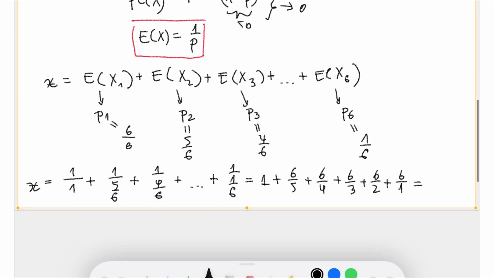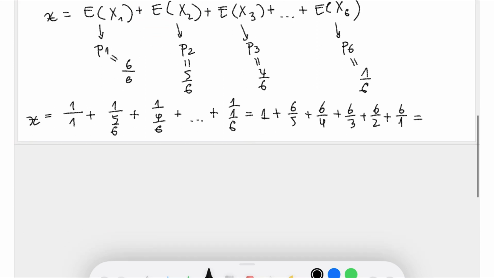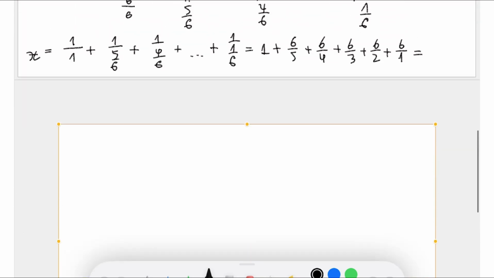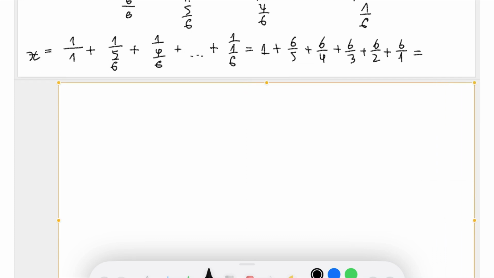So that will be 1 plus 6 over 5 is 1.2. 6 over 4 is 3 divided by 2, which is 1.5. 6 over 3 is 2. 6 over 2 is 3.